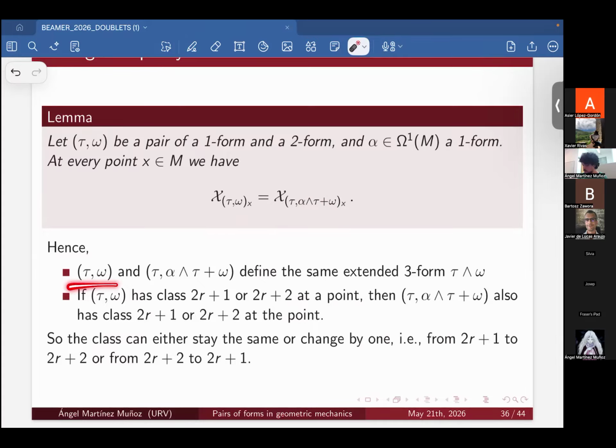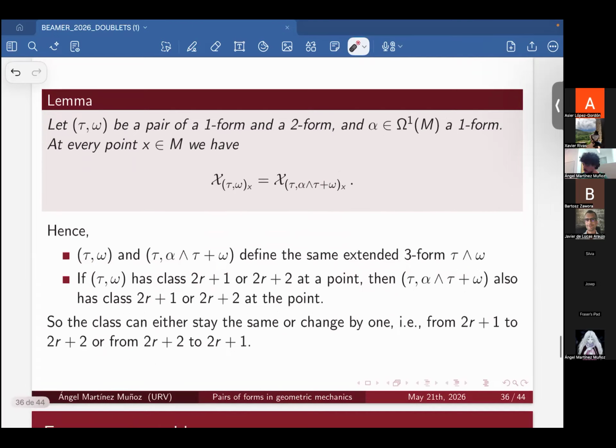For example, the extended three form they define is the same. Well, this is obvious. But also from this result, if the class of this was 2r, or 2r plus 1, or 2r plus 2, then the class of this will also be 2r plus 1 or 2r plus 2, just by the definition of characteristic distribution.